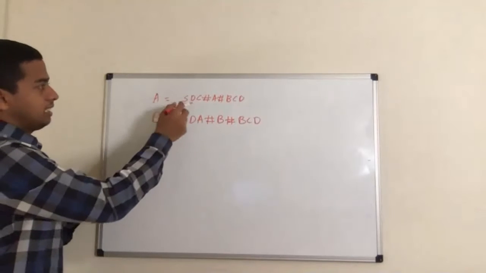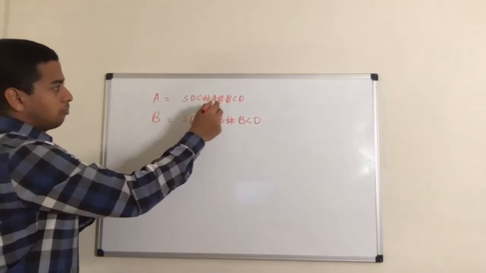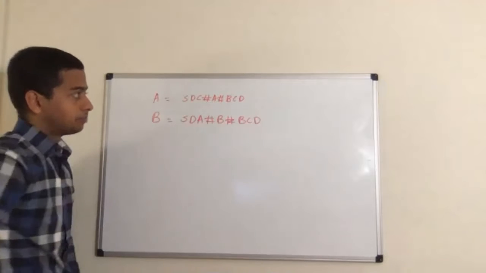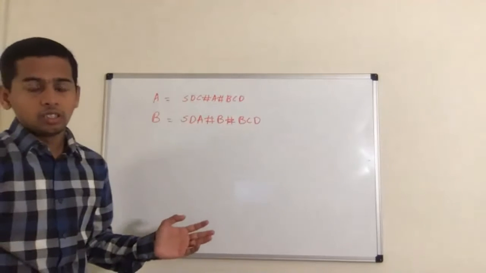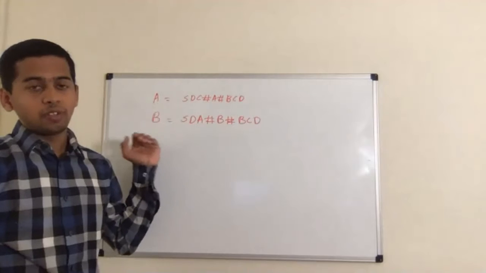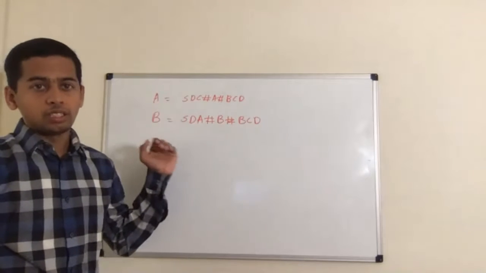First one is SDC hash A hash BCD. Second one is SDA hash B hash BCD. Now the question is, we have to compare these two strings to check if they are equal.